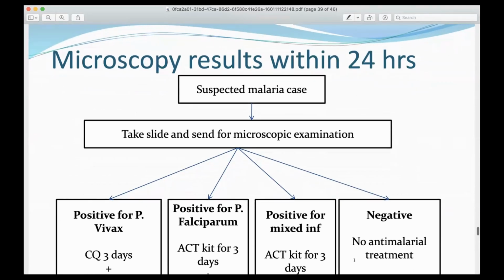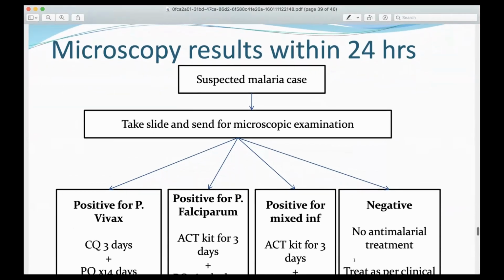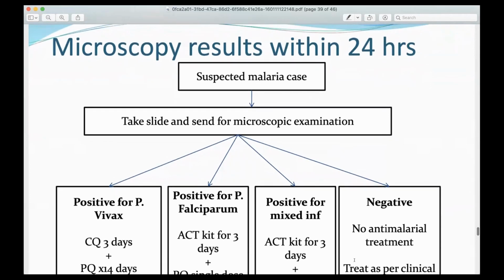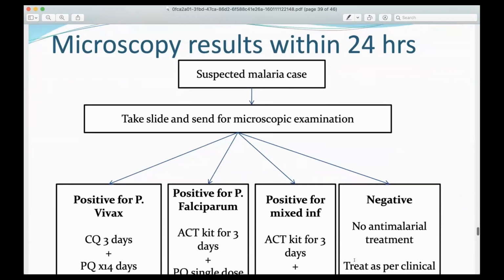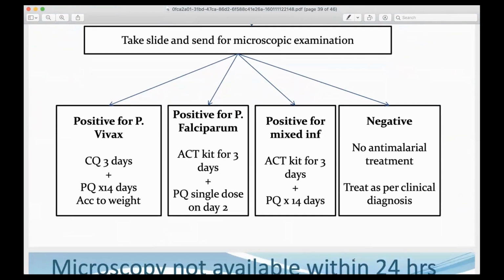Now, to sum up, the microscopic result within 24 hours. If a malaria case is suspected, take a slide and send it for microscopic examination. If positive for Plasmodium vivax, then chloroquine for 3 days plus primaquine for 14 days according to weight. If positive for falciparum, then artesunate combination therapy kit for 3 days and primaquine single dose on the second day.